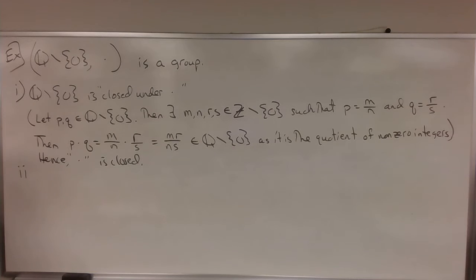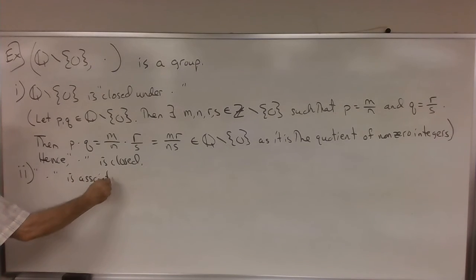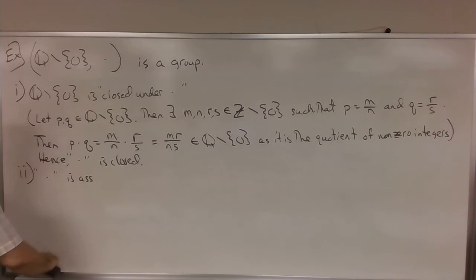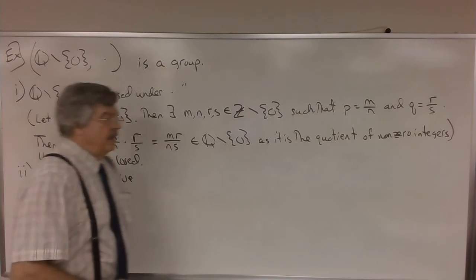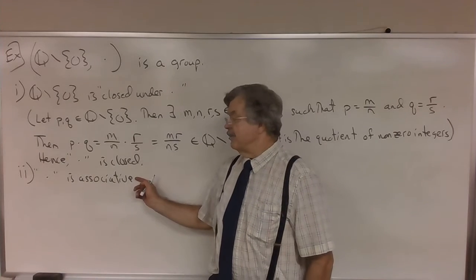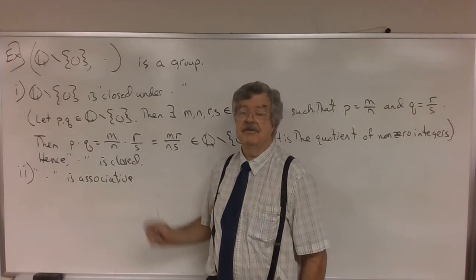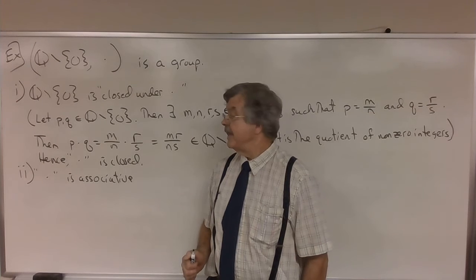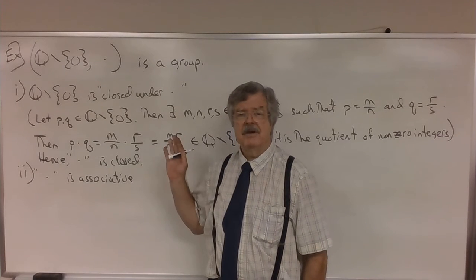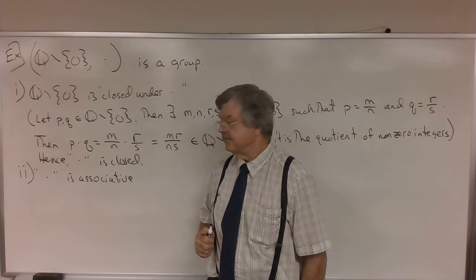Now let's see, what do we have to have next? Multiplication is associative. And here we're just going to use the fact that the multiplication of all real numbers is associative. And so that applies to subsets of the real numbers as well.